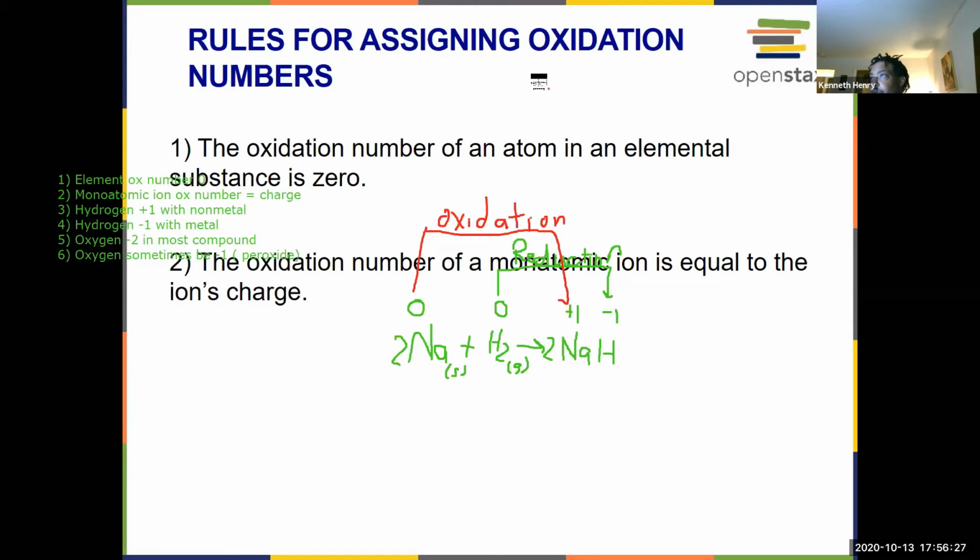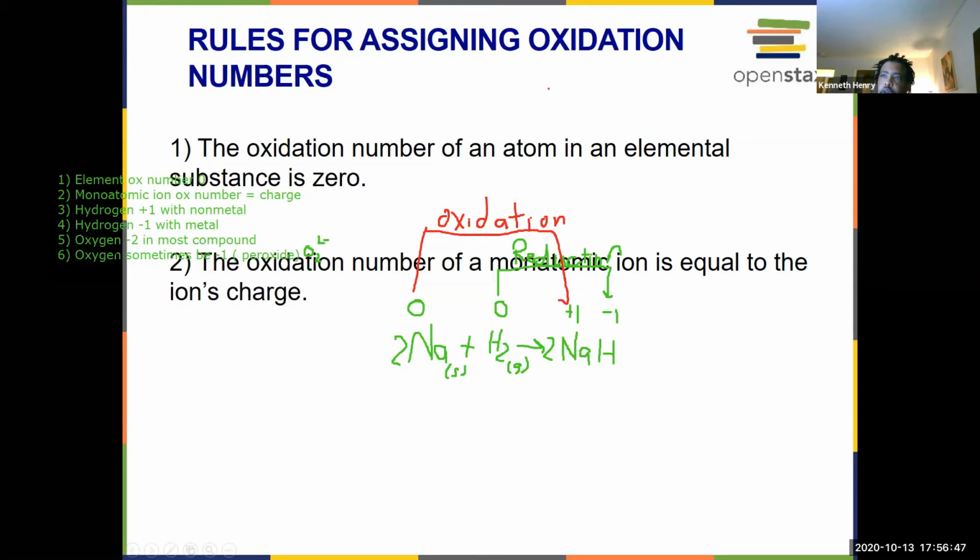Come on, there we go. Which is O2 2 minus. So that means each one has a -1 charge.